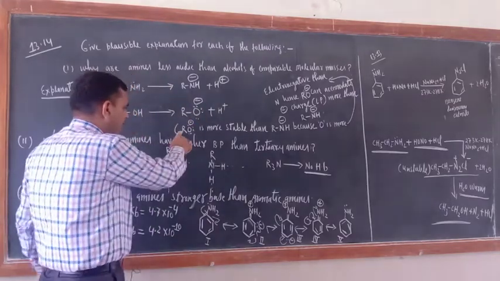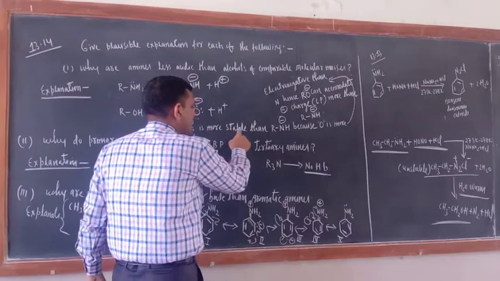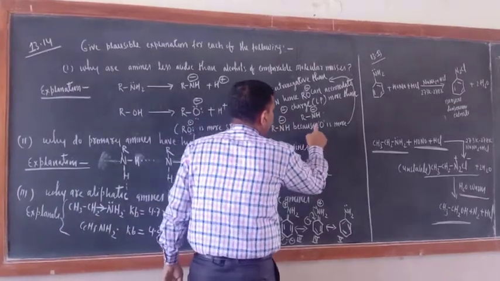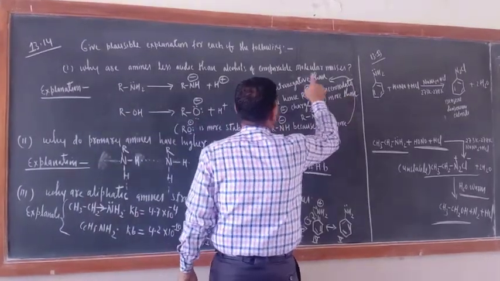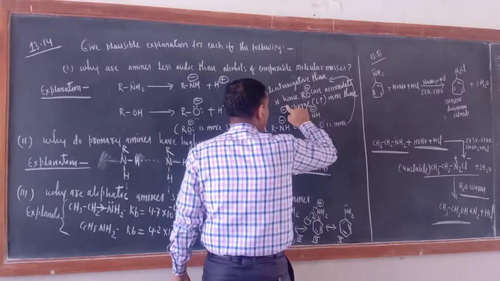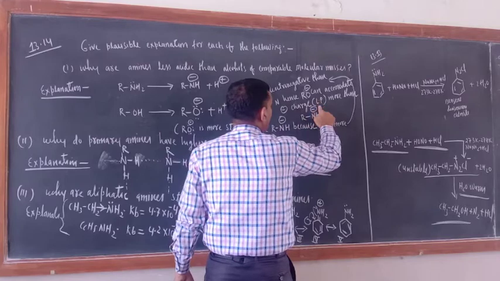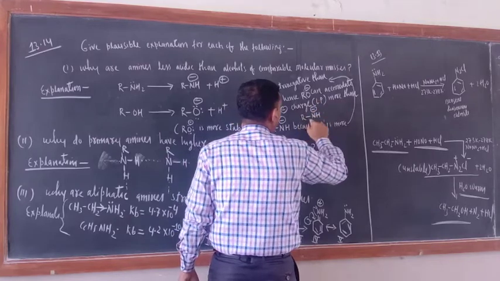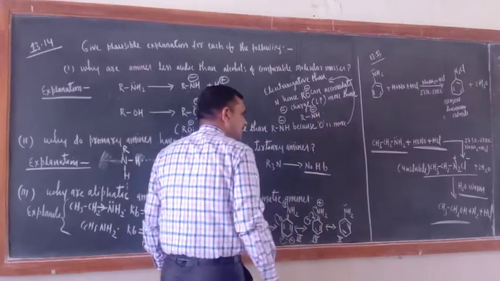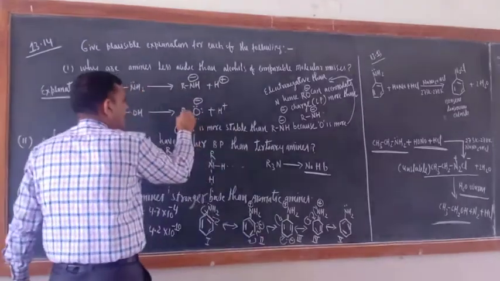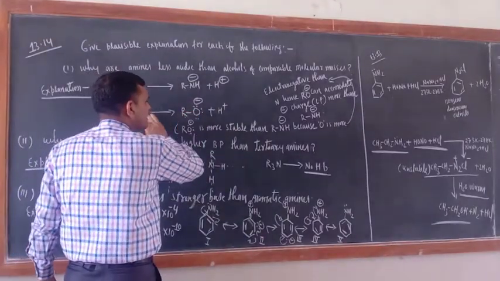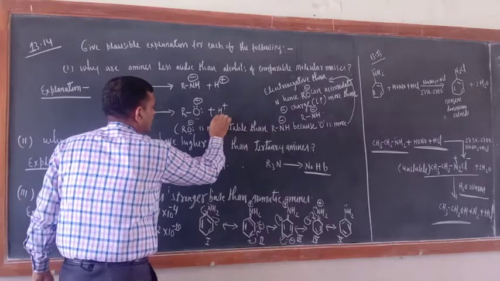So I wrote here RO negative is more stable than RNH negative because O is more electronegative than N, and hence RO negative can accommodate the negative charge, the lone pair of electrons, more than RNH negative. Hence it is more stabilized, and more stabilized means it will furnish H positive.